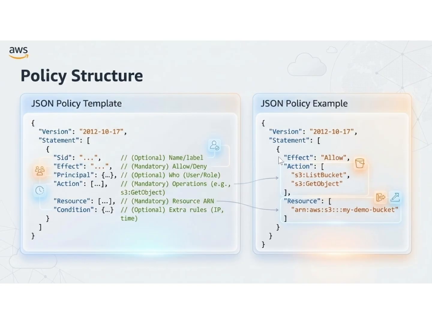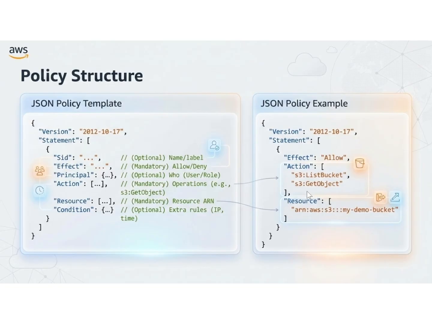If I assign this policy to a particular user, he will be able to list the buckets. He will be able to get the particular objects that are stored in this bucket, right? Can he go ahead and rename this bucket? No. Can he go ahead and delete this bucket? No. Right? So this defines mainly the actions, right?